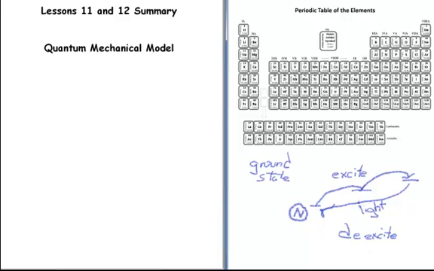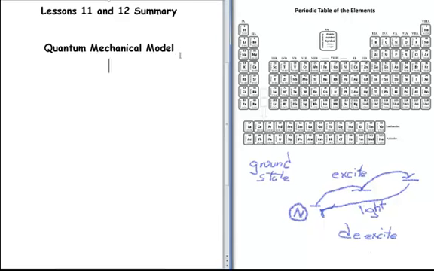Okay, so when electrons jump, you know that all of the information that the different scientists put together have led us to understand that they live in regions around the nucleus known as orbitals.